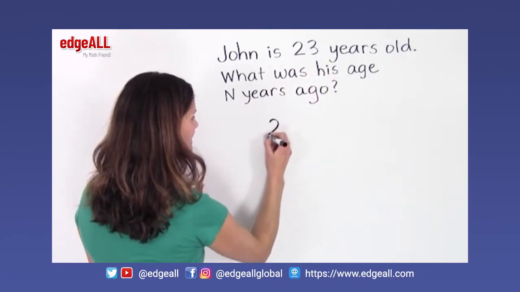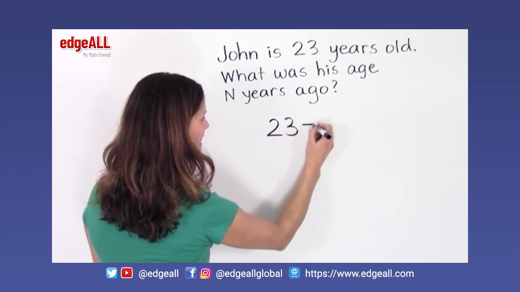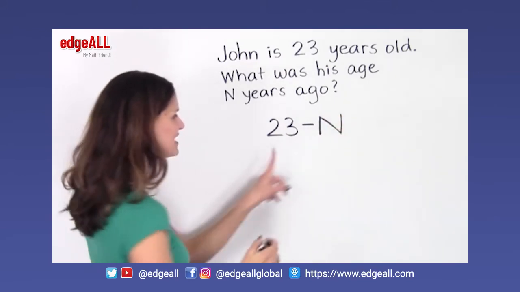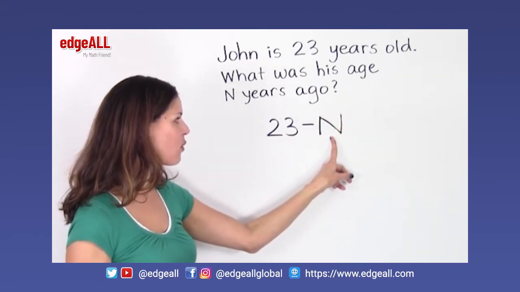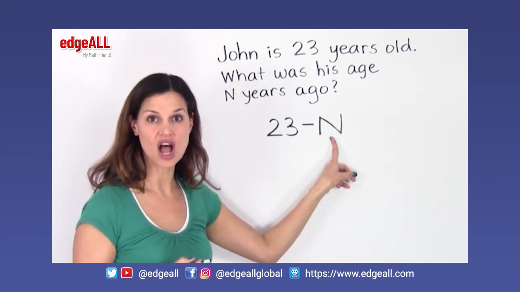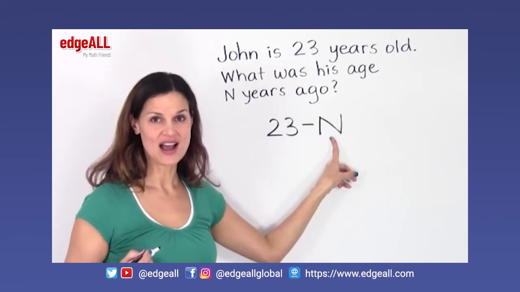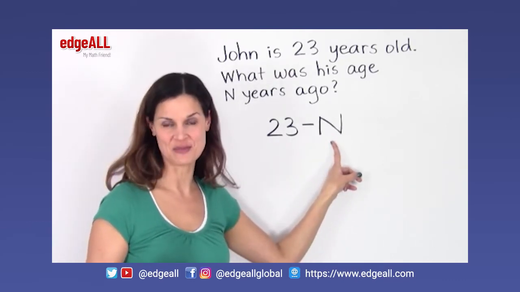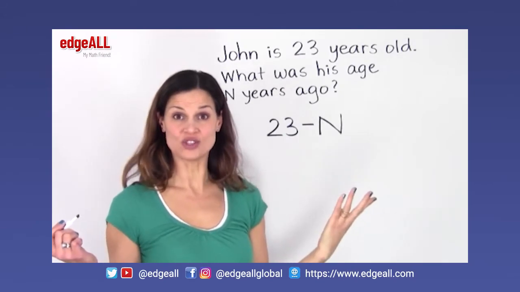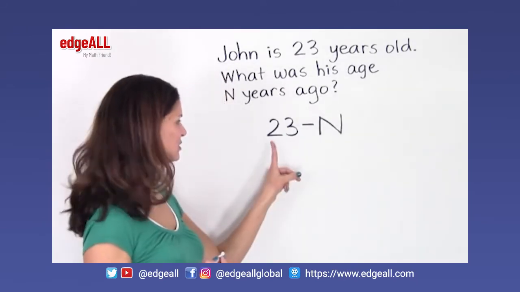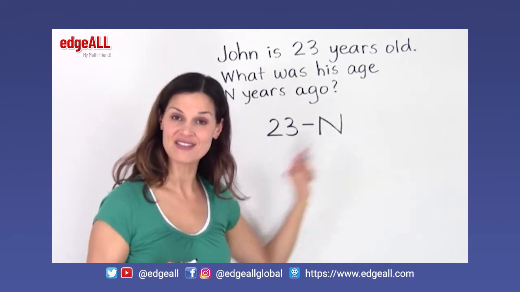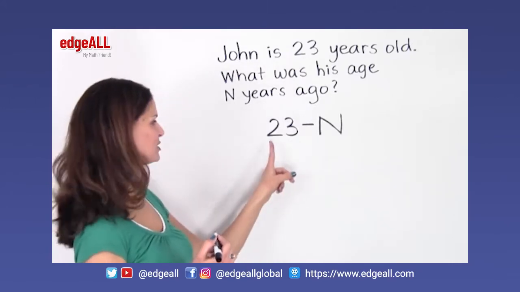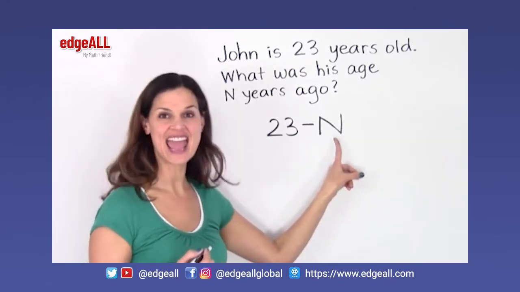So we are going to write a simple algebraic expression of 23 minus n. And what this tells me is that if I want to find out how old John was n years ago, I'm going to need to take 23 and subtract my number n from that. So if I want to find out how old John was 5 years ago, I'm going to do 23 minus 5. If I want to find out how old John was 10 years ago, I'm going to do 23 minus 10.